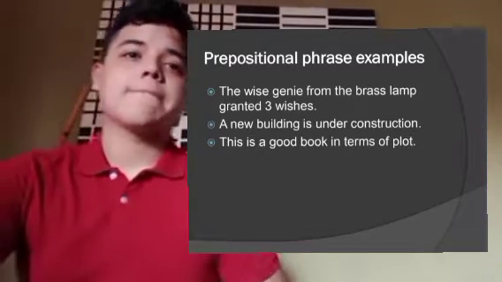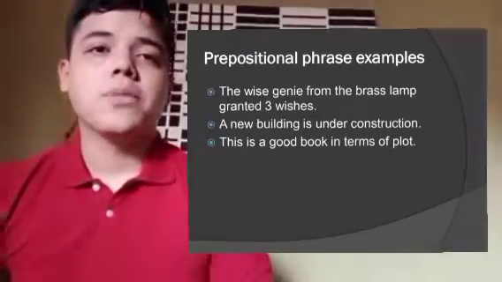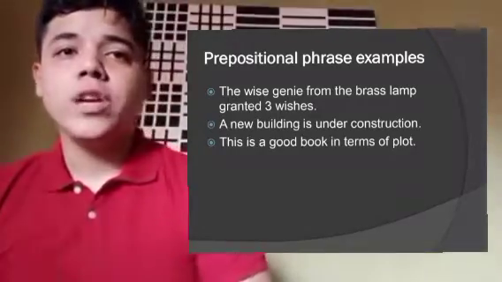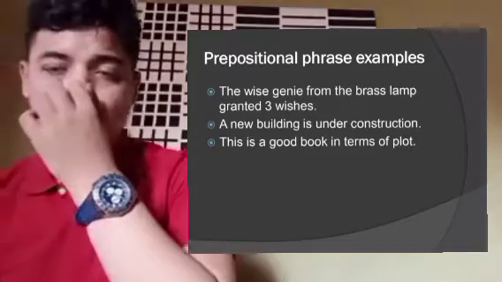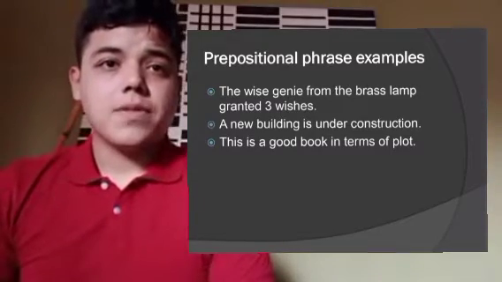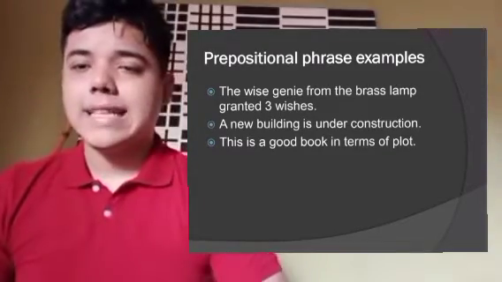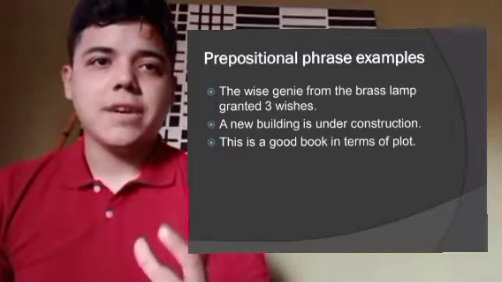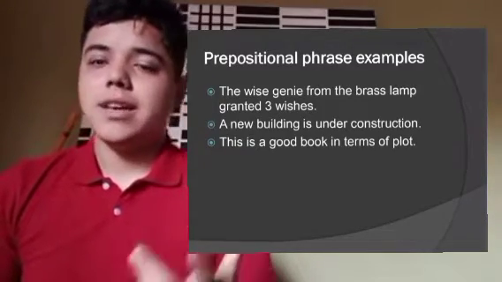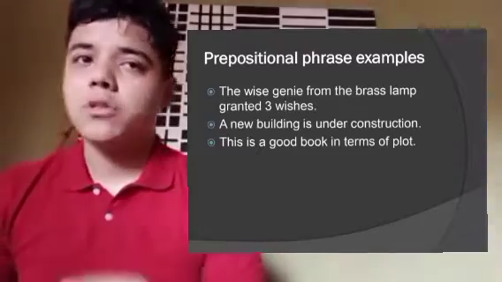The first one is: the wise genie from the brass lamp granted 3 wishes. So, the thing we're gonna talk about in this case is the genie. So, genie is our head. We are going to talk about the genie.